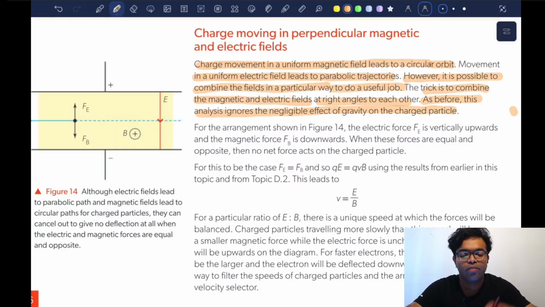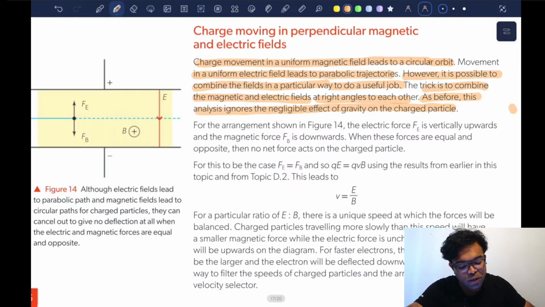Understood? Okay. Now, for the arrangement shown in figure 14, the electric force Fe is vertically upwards. Why is the electric force upwards? Because you have an electron here. Okay, an electron is coming like this, it will get attracted towards the positive plate.